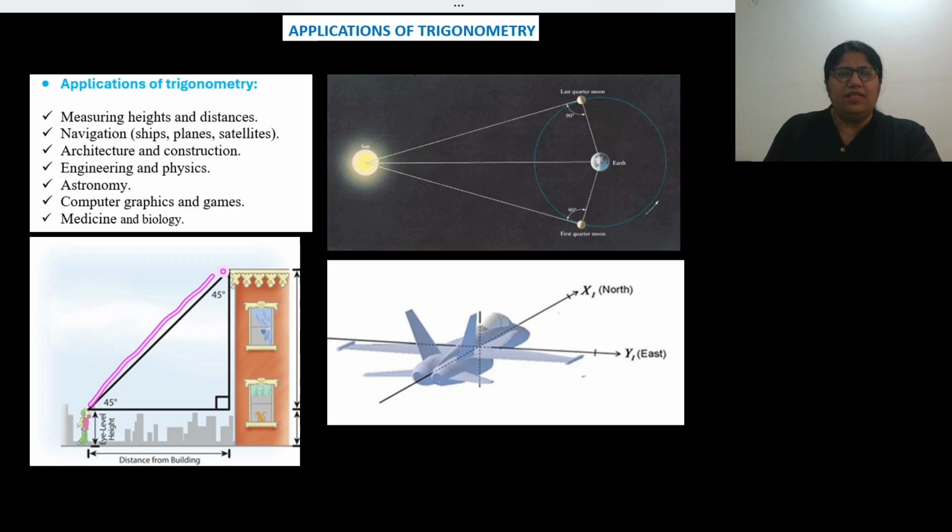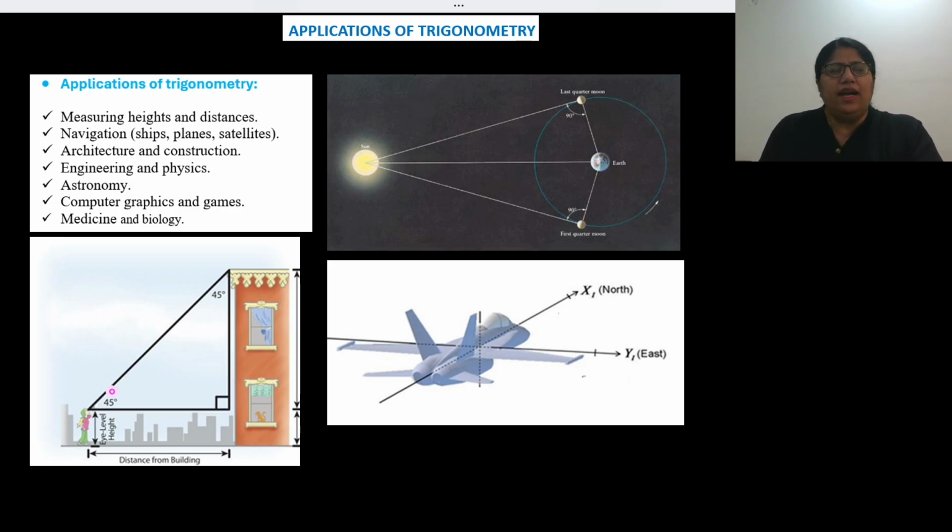There will always be a horizontal line through the eyes, which is the ground level, and this is the height of the building. To calculate the height of the building, the distance from the eyes to the top, or this perpendicular distance between building and person, we use trigonometry.